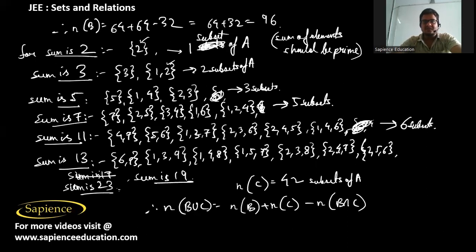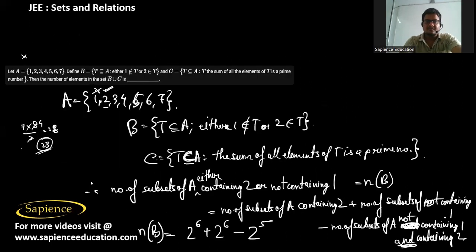If we count, we get 31. So this will be 96 plus 42 minus 31, which is 96 plus 11, that is 107. So the answer will be 107.